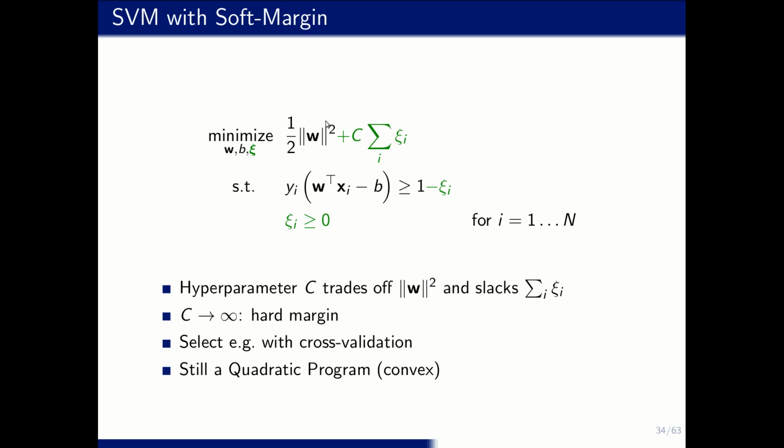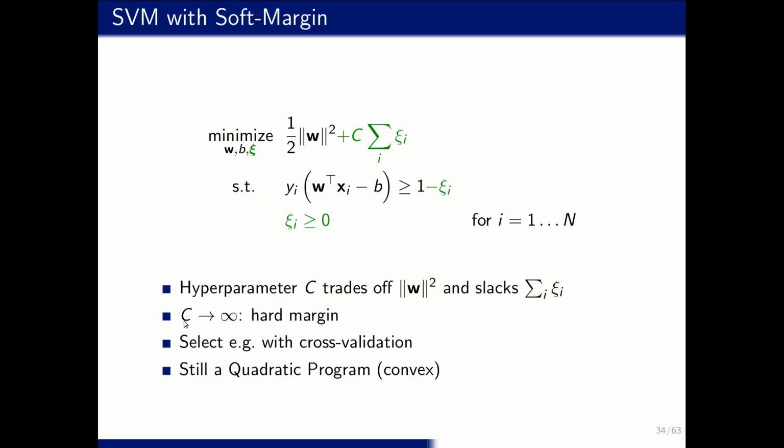Now we need to trade off the norm of the normal vector of our hyperplane and the sum of slacks. This is governed by the trade-off parameter z. So the hyperparameter z trades off the norm of our parameter vector and the sum of slacks.